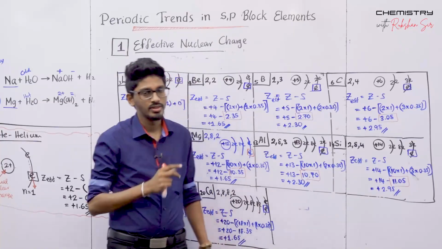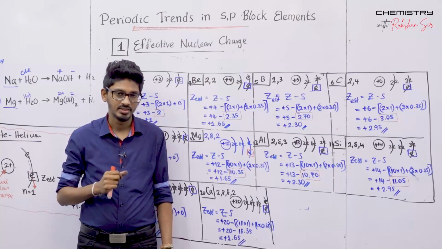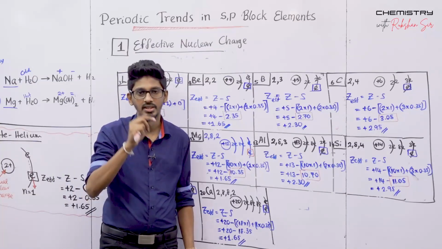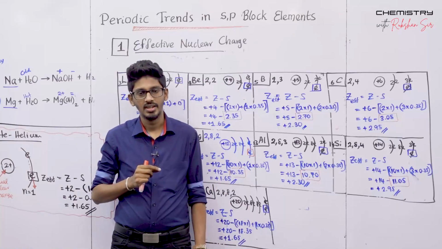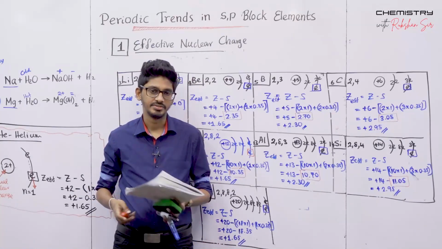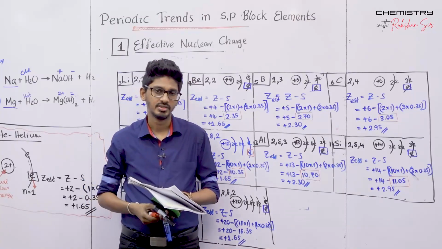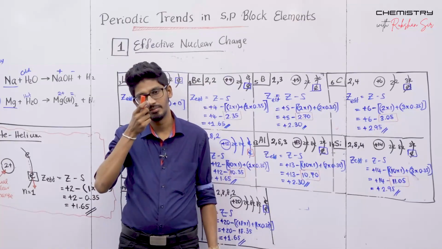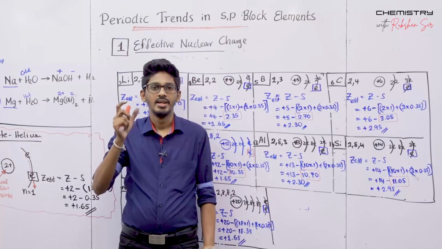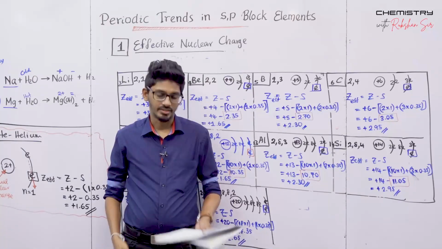Right. Now let's come to the effective nuclear charge, ZEFF. Just write, third point, ZEFF, comma, effective nuclear charge. Write it in red color. Increases.